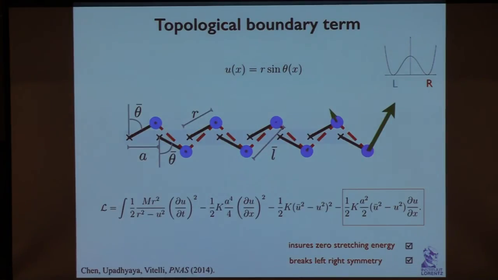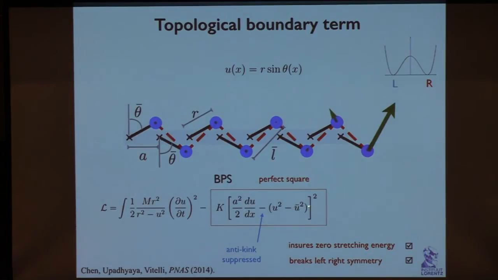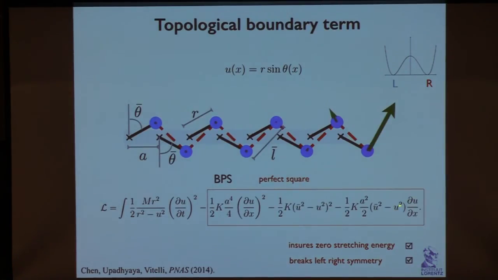Or rather, if you can cast all of these terms as the square of something, then you can make sure that there is a non-uniform field that represents the solution of this integrand. And once the field is satisfying this differential equation, then you know that that deformation will cost zero energy. So in other words, you need the topological boundary term here to complete the square.